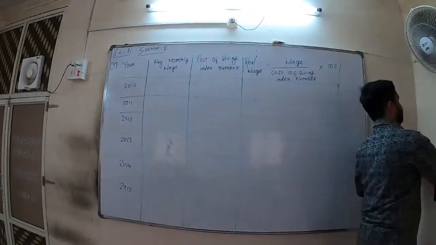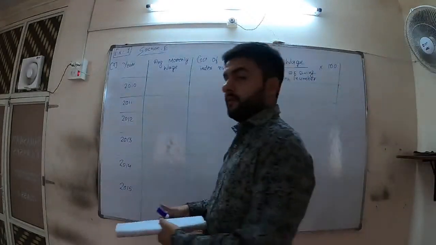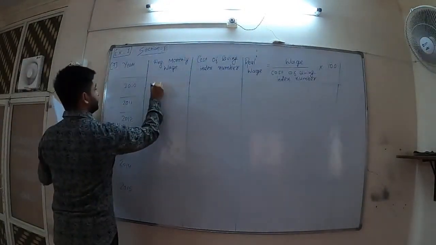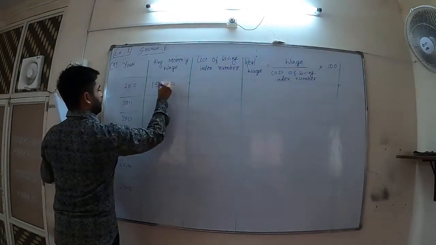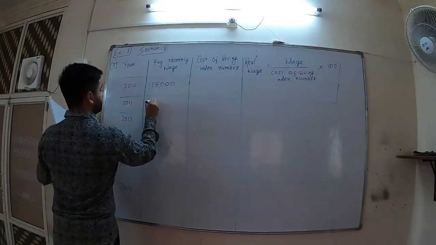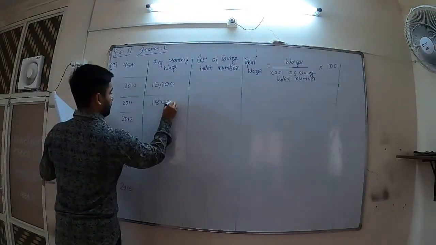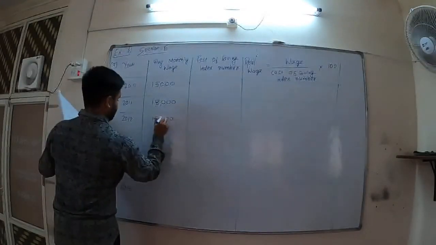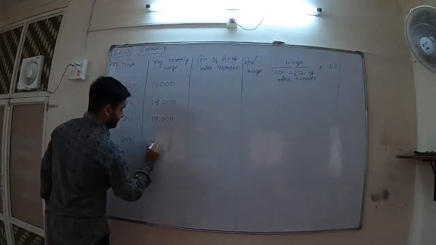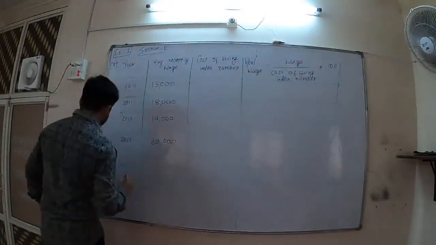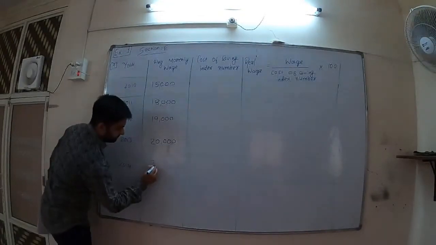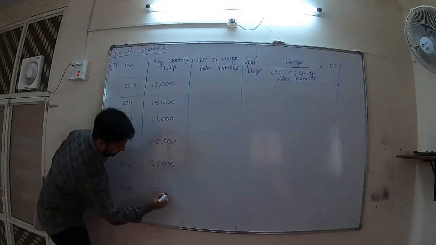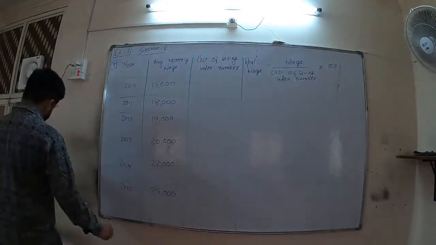Now I am writing the data. $15,000, $18,000, $19,000, $20,000, $22,000, $25,000.